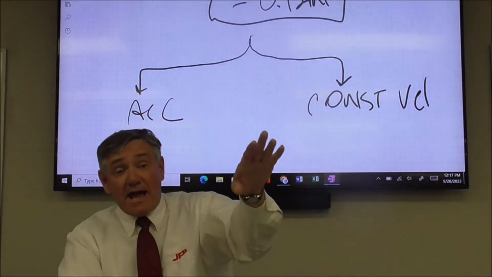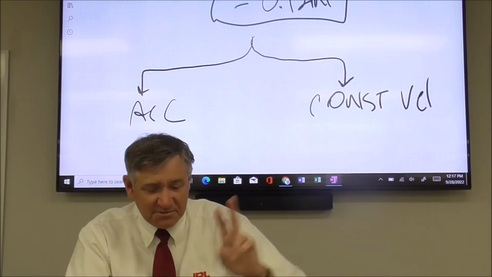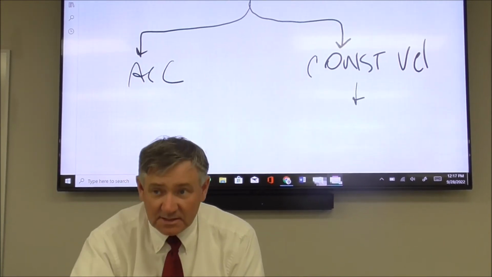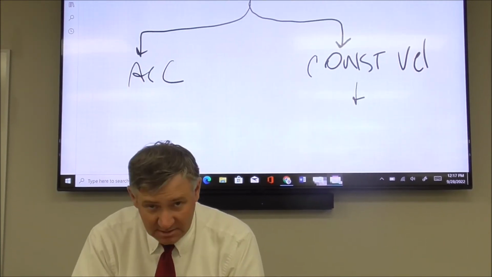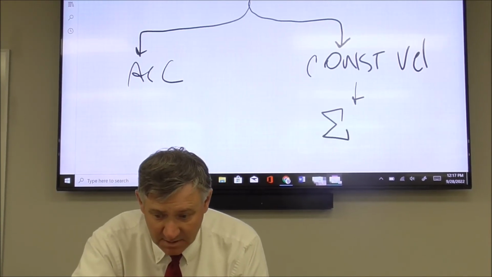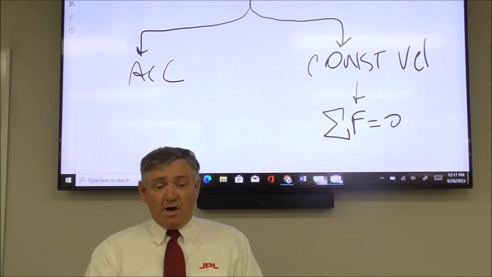Now, it might be at rest, okay? Those are your two options. Now, if you're at constant velocity, does that mean that there's no forces acting on the system? No, it just means that the sum of the forces is equal to zero. Okay, so that's option number one.